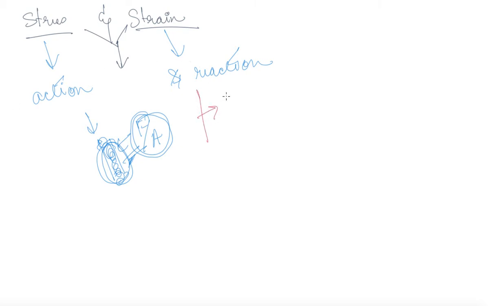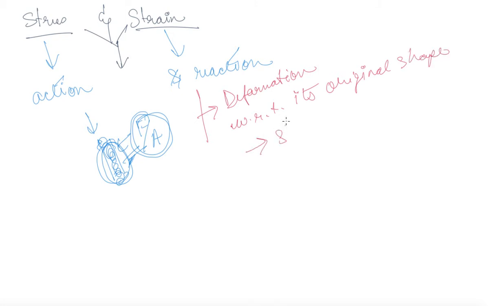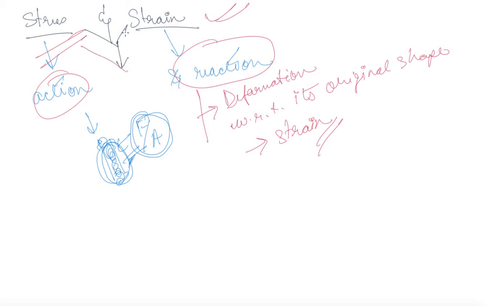This deformation with respect to its original shape is your strain. How much has the shape changed? That is your strain. And how much force is it experiencing? So you can say this is action and this is reaction.